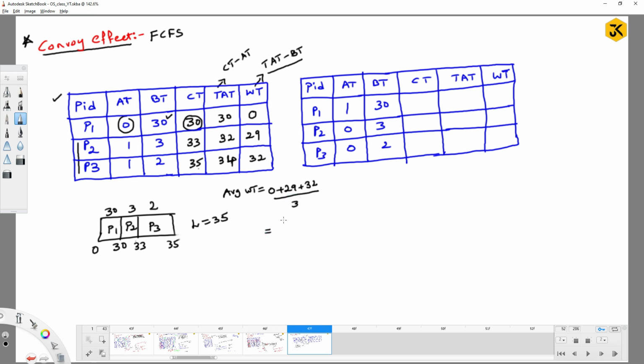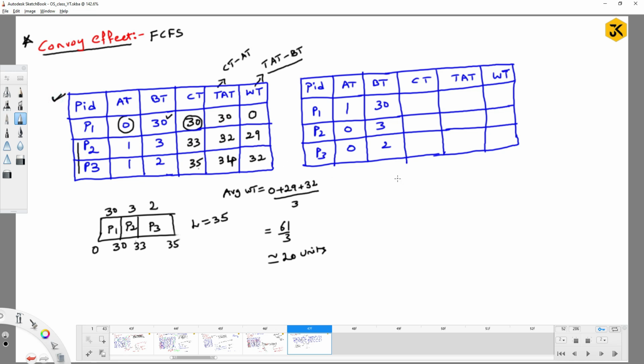Then it will be 61 by 3, approximately equal to 20 units of time. 20 units of time is the waiting time for the first problem.